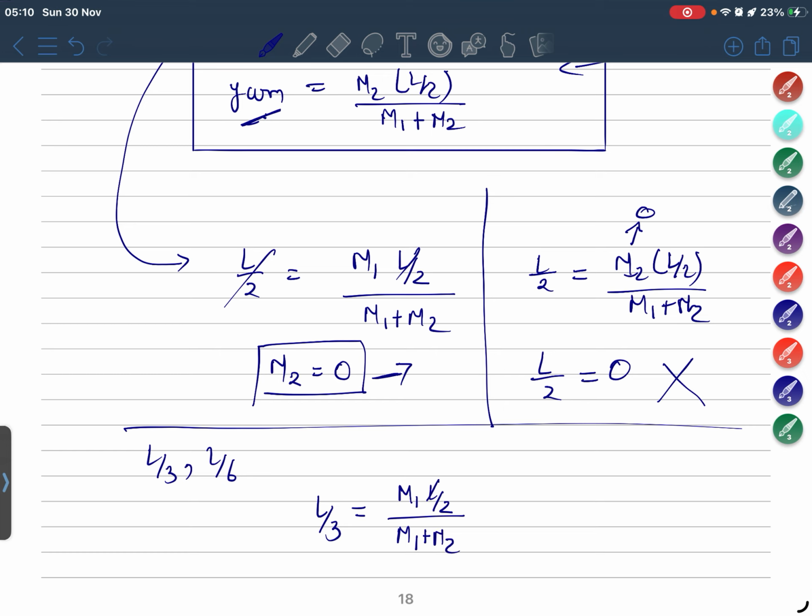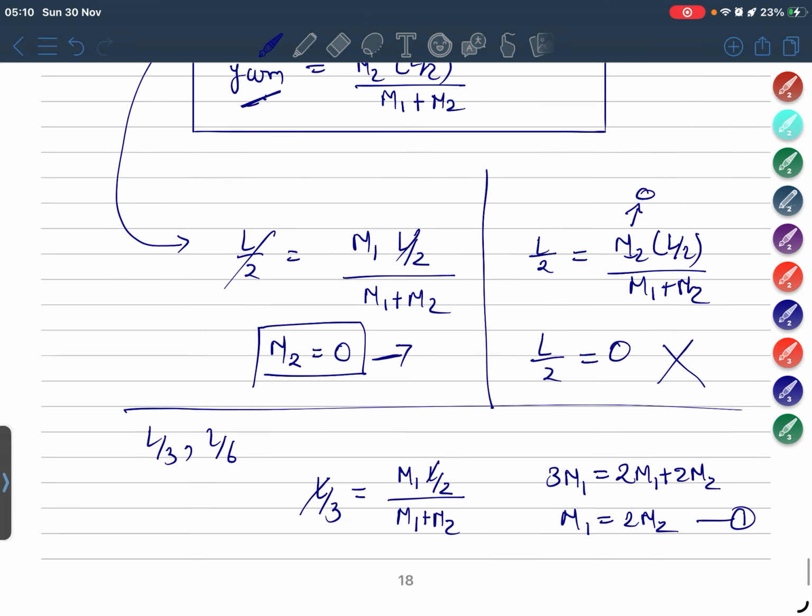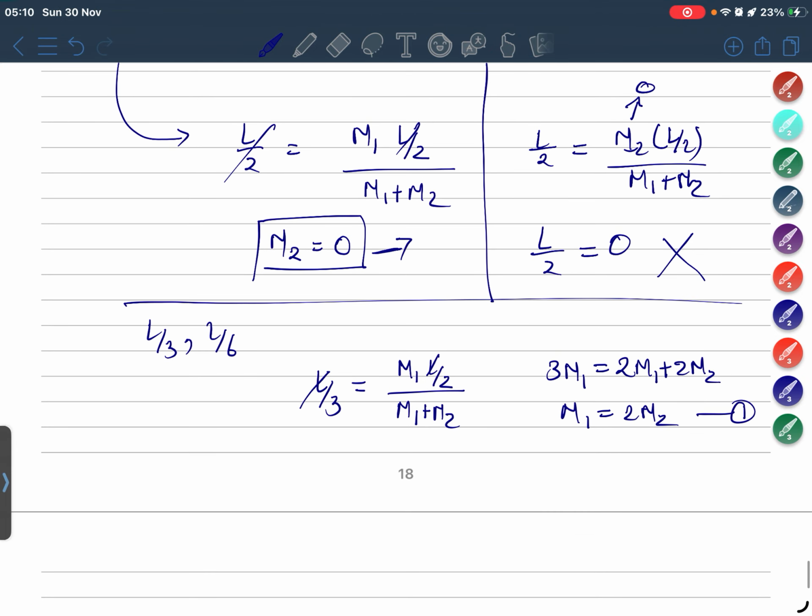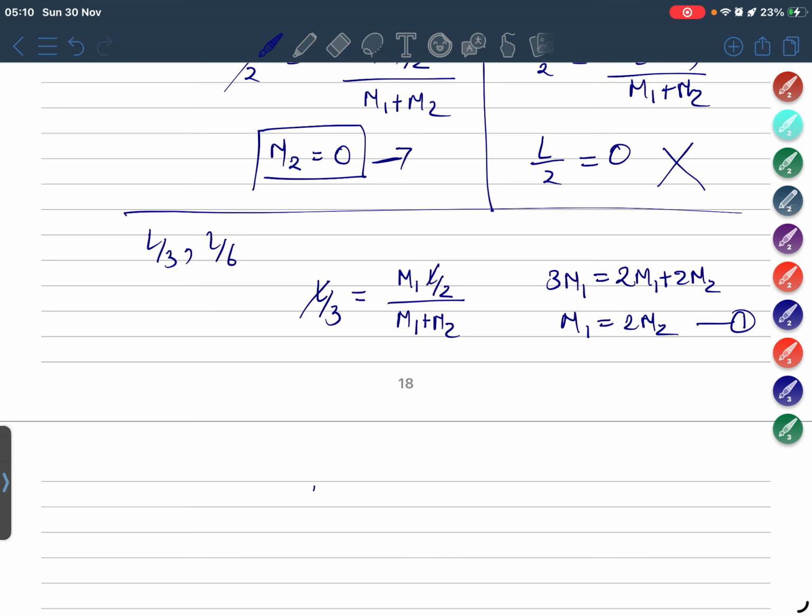By solving, L will get cancelled out, and we will be left with 3M1 equals 2M1 plus 2M2. So from here M1 equals 2M2. Now YCM is L by 6.